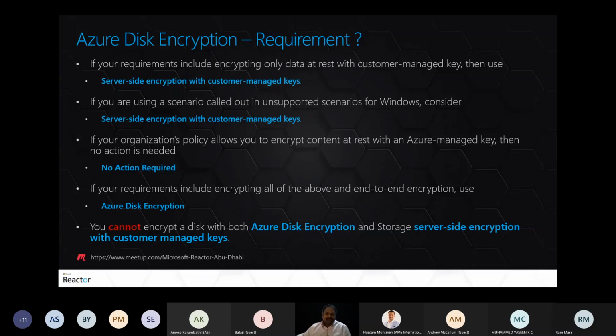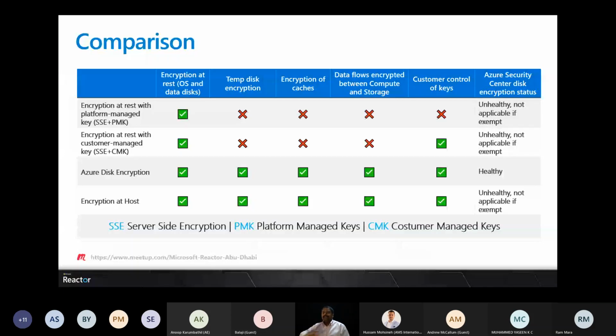Okay, so now let's move on to the next slide. This is the comparison I was talking about. SSE is nothing but server-side encryption plus PMK, platform managed keys by Azure. And then you can bring in your own keys, server-side encryption with customer managed keys. If you see the first table, when you are doing encryption at rest with platform managed keys, which is SSE plus PMK, what are you going to get?